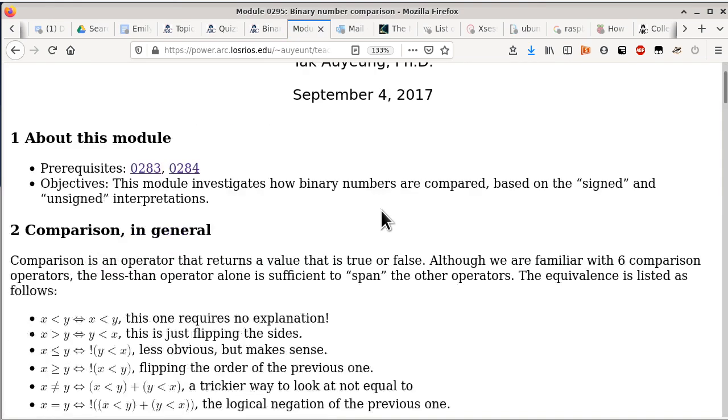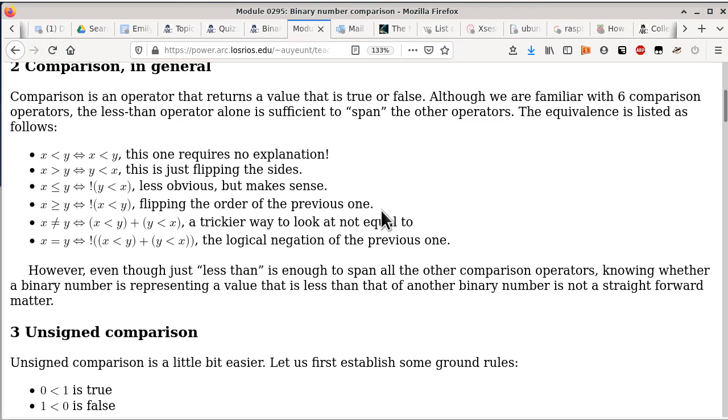Comparison is a big topic, because in a lot of C code, whenever you need to make a decision, should I go for another iteration? Should I go to the then statement, or should I go to the else statement? A lot of times when you need to make a decision, it's all based on conditions. Conditions eventually boil down to Boolean operators: and, or, not.